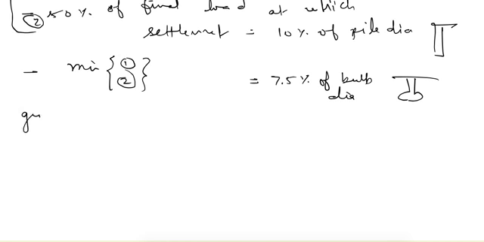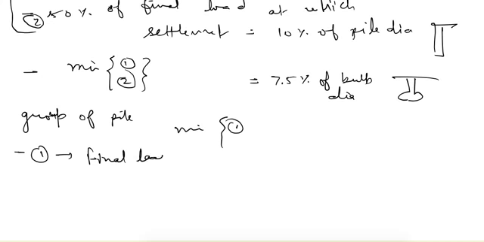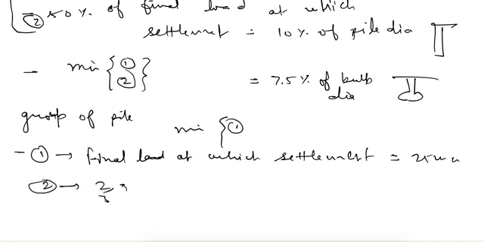If it is a group of piles, then the allowable load capacity is the minimum of these two criteria. The first criteria here is the final load at which settlement is equal to 25 mm, and the second criteria is 2/3 of the final load at which settlement is equal to 40 mm.